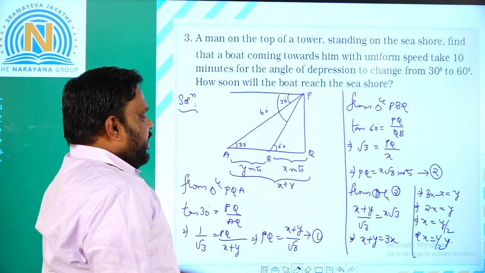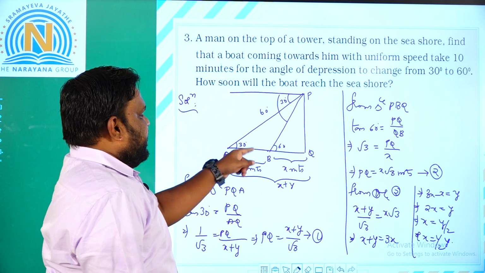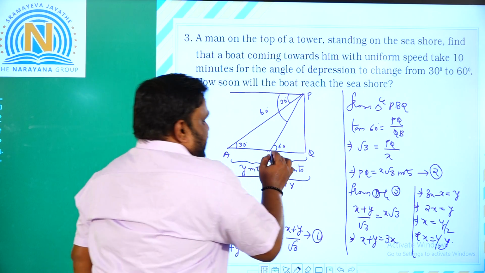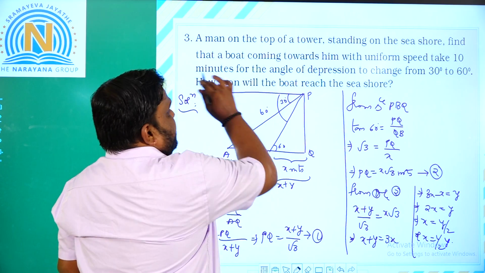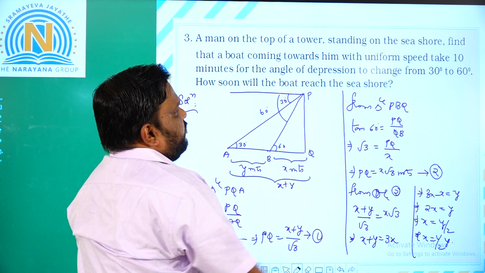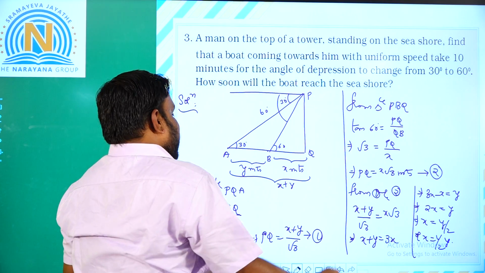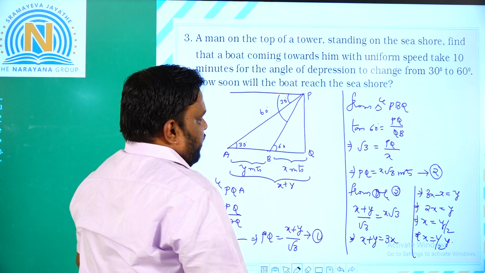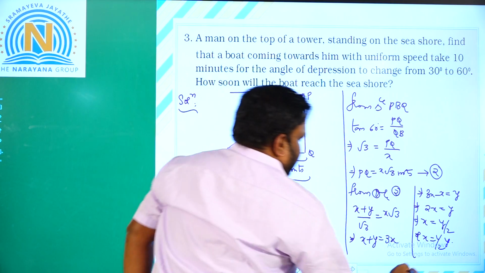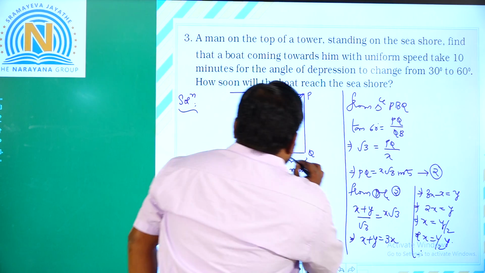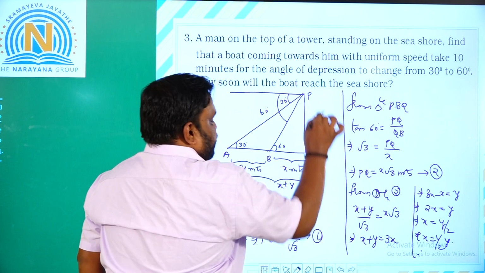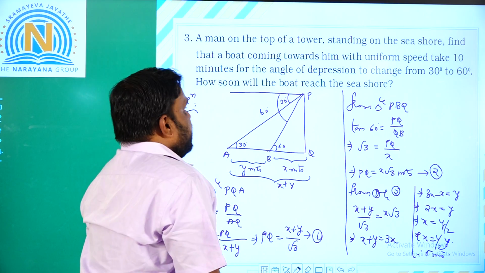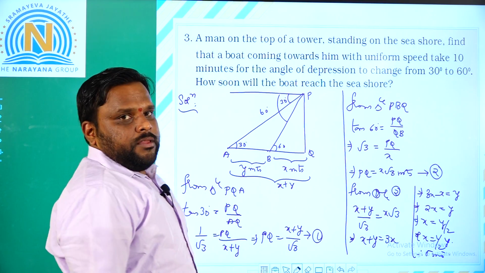If you observe properly, for y meters it is taking 10 minutes. Now we have to find out the time taken for x meters. Since the boat is moving with a uniform speed, and x is half the distance of y, obviously it will take 5 minutes. Therefore, time taken to travel the distance BQ, that is towards the seashore, will be 5 minutes. This is one of the important questions.